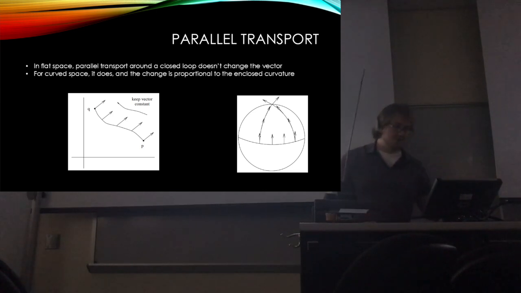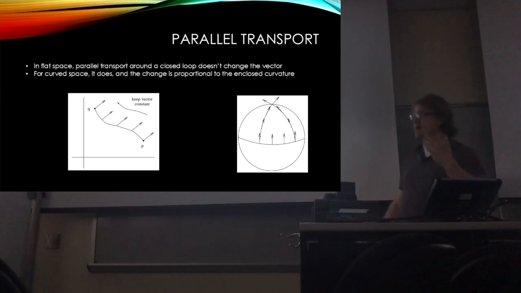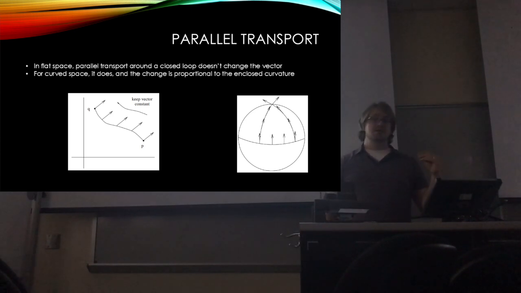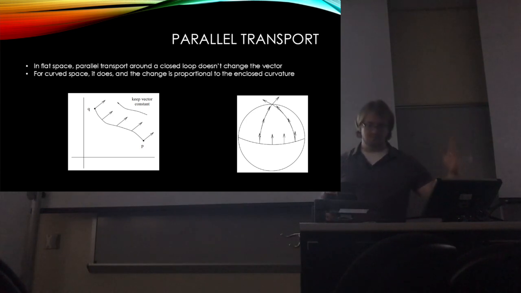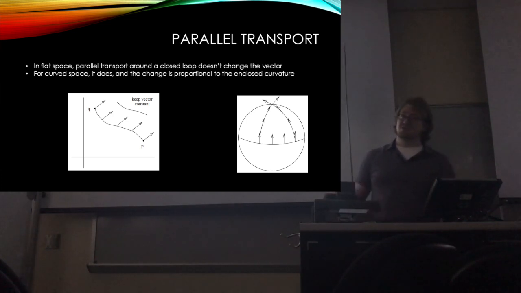And parallel transport is really important because the amount that the vector changes after completing its loop is proportional to the amount of curvature enclosed by that loop. So it's a really useful way to quantify curvature because they're directly proportional. You can do a little parallel transport in a loop, and you can see how much the vector changes, and that'll be related to how much curvature is enclosed by that loop.